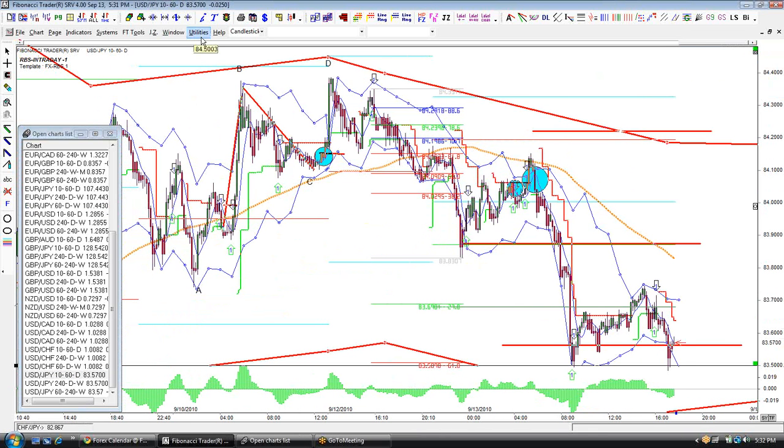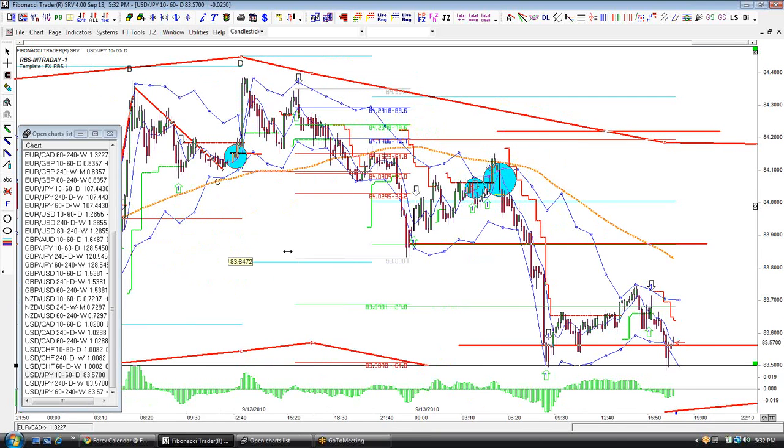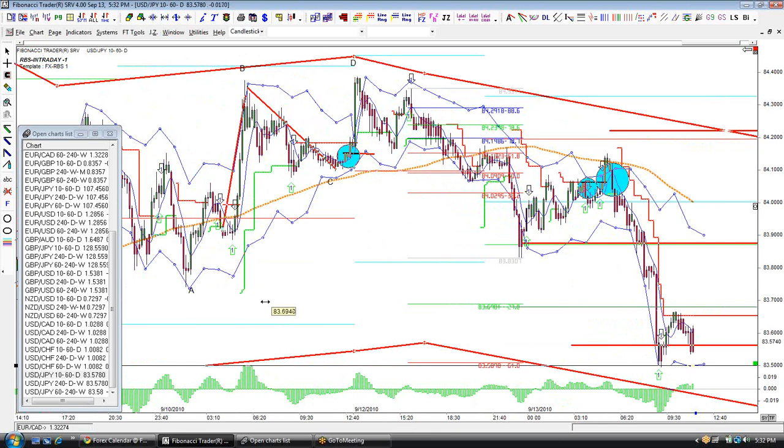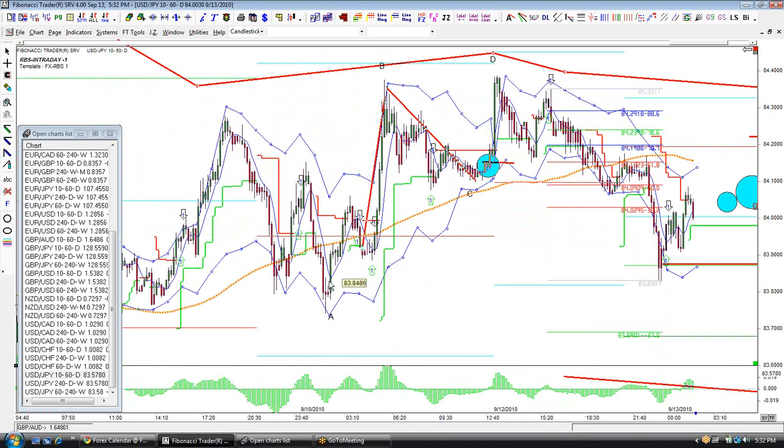Here, dollar yen. I will give an example with this bullish trade. Always when we can fit our limit within the B, we have rules for the limits.